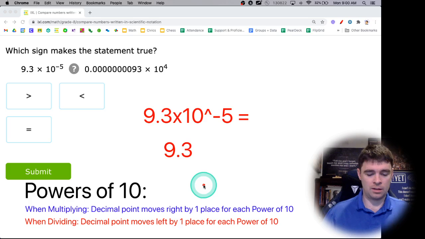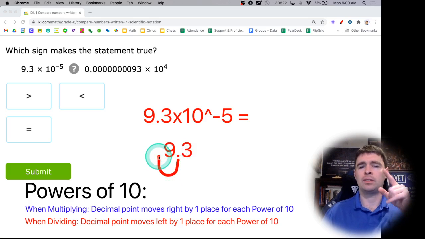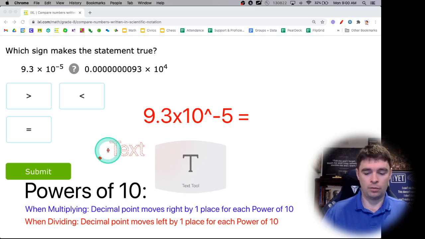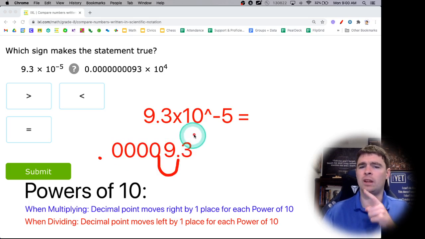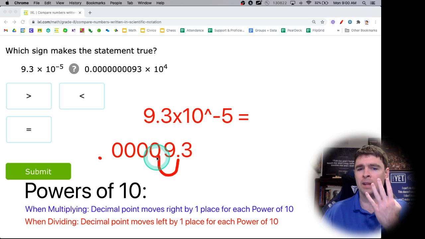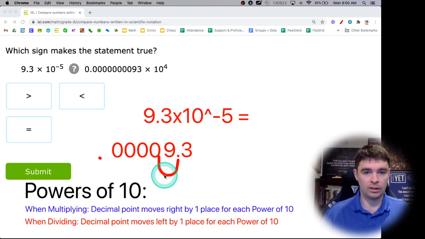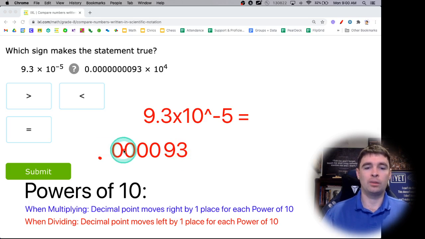So I go to do that, and the first time I move the decimal, I'm going to get to 0.93, and now I have to go 4 more places, so I know after the decimal I'm going to get 4 zeros, and then the 93 showing. If I move left 5 times, the first time is to make it 0.93, and I still have 4 more divided by 10s, and that's going to create 4 placeholder zeros. So I know that this number is now equivalent to 0.000093.